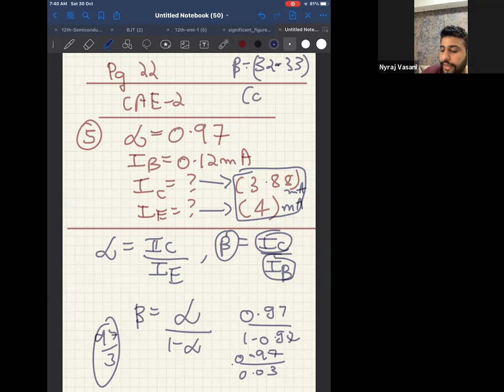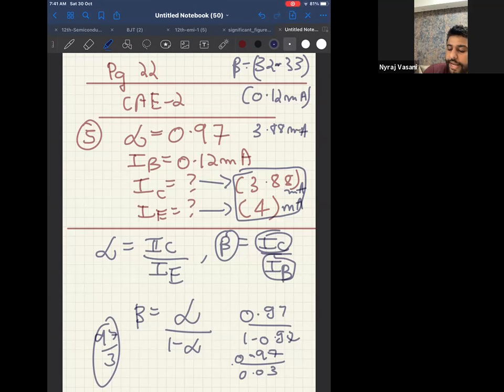What is IB? 0.12 milliampere. So tell me, what will be the answer? 32.33 into 0.12. Can I say that will be nothing but 3.88 milliampere? Exact. 32.33 into 0.12 will be 3.88.